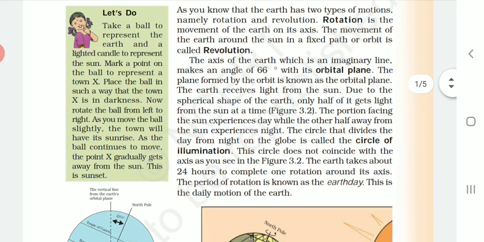So, the axis of the earth makes an angle of 66 degrees with the orbital plane.